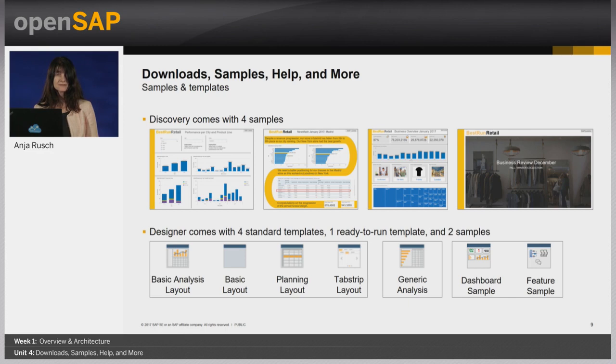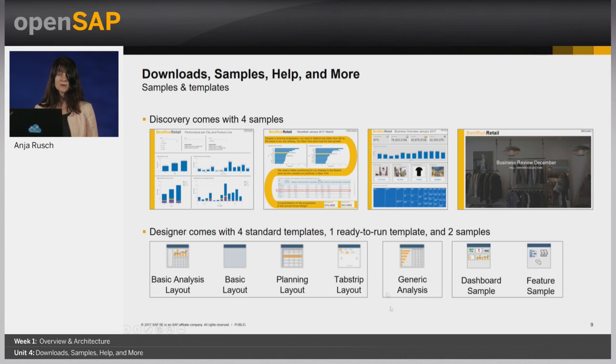The product itself comes with some samples and templates. The Discovery Client comes with 4 samples that you find on the home screen. So we have here these samples that you can just check out. It comes with some imported data, so you can just have a look at the features used there. Designer comes with 4 standard templates. You have here the basic analysis layout, the basic layout, planning layout, and the subscript layout that helps you to create easier your applications because it has already content included.